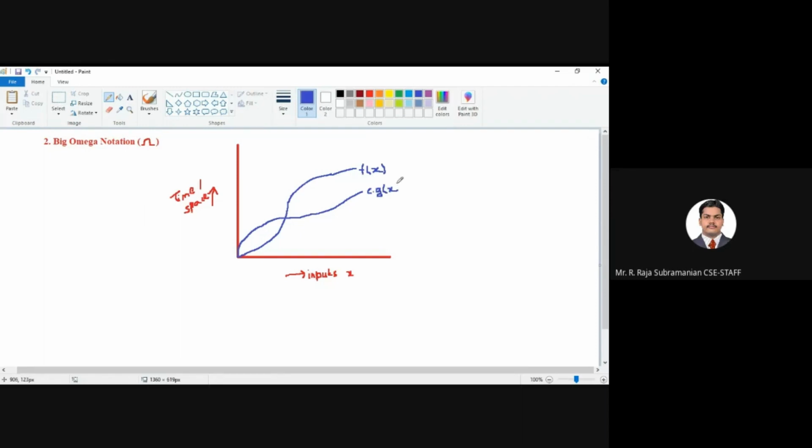And what is this intersection? Initially, f of x may be smaller than g of x, but after some point of time, that is k, f of x will be greater and g of x will be smaller. We may take k as some reciprocal values also. So this is actually the notation, right?